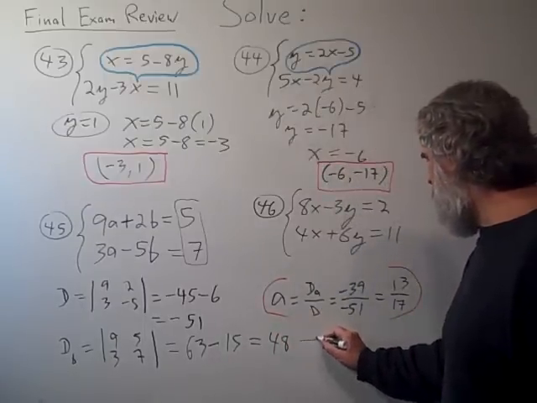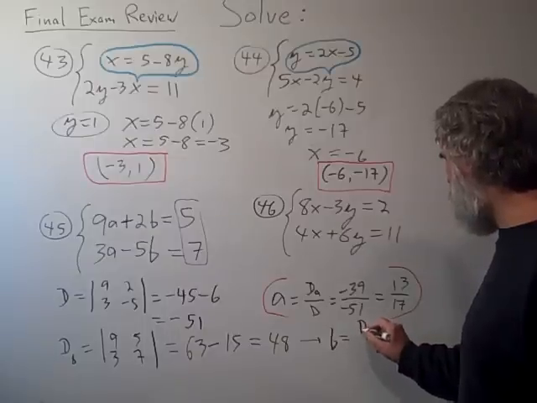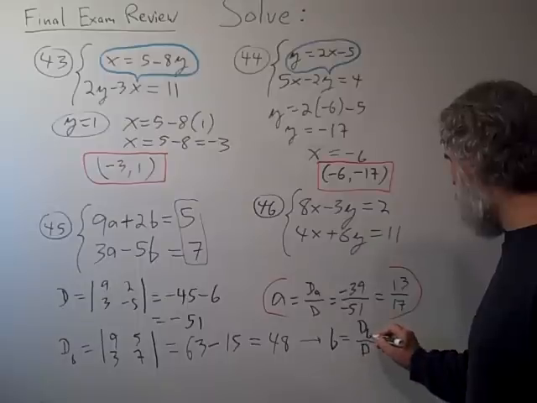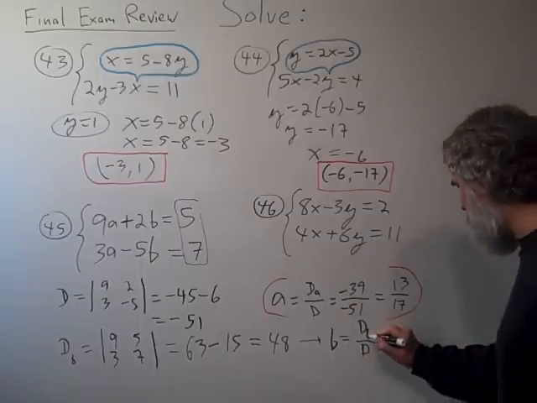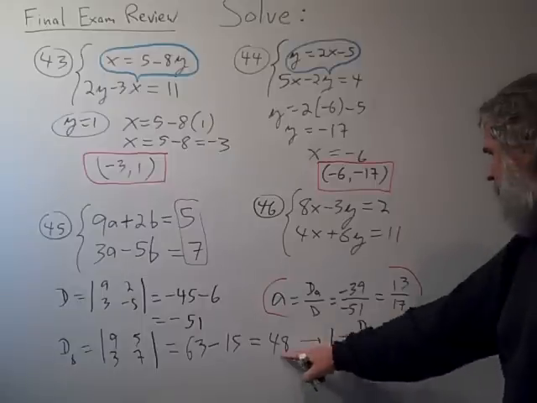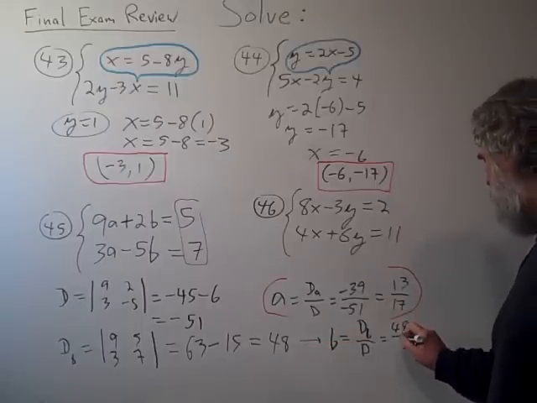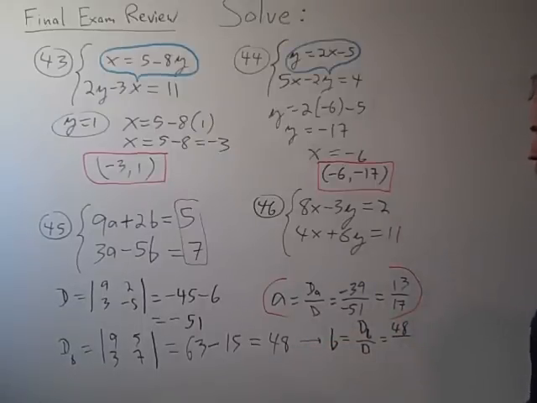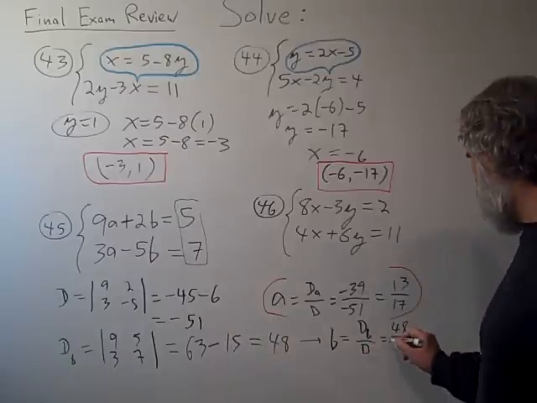So then we know that B is equal to D sub B divided by D, and D sub B was 48, and the D that we found earlier was negative 51.